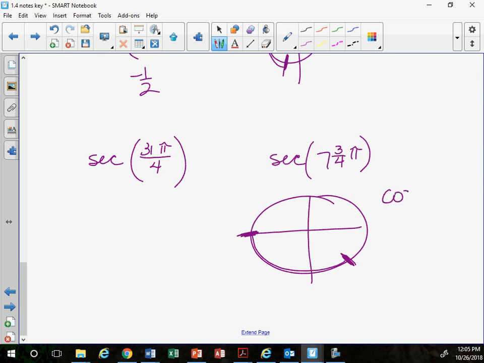I think about the cosine of that first. Cosine of what would that be? 7 times 3, which is √2 over 2. Positive or negative? Positive. X's are positive over there, right? Okay, so then secant, when I flip it, I just get √2. Yes? Okay? You getting it?